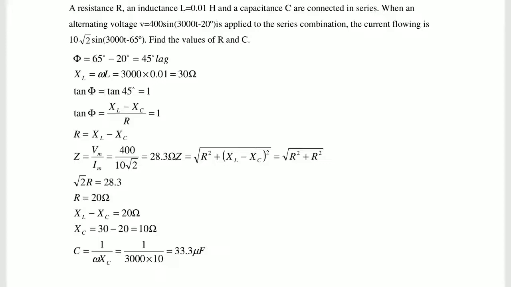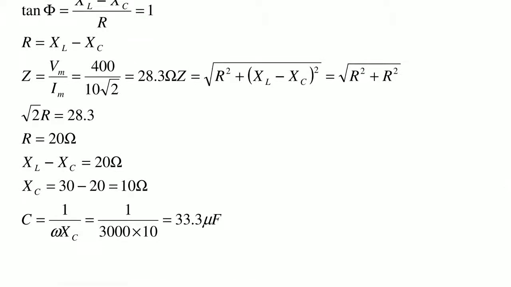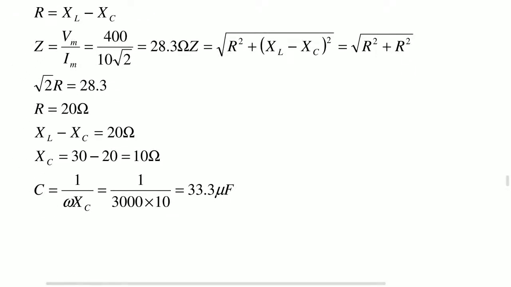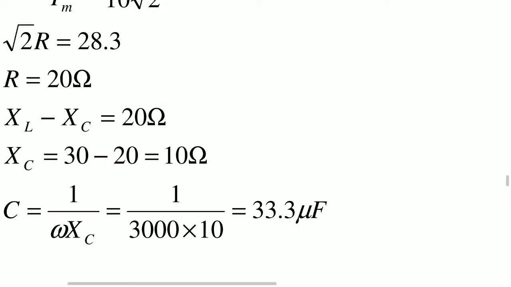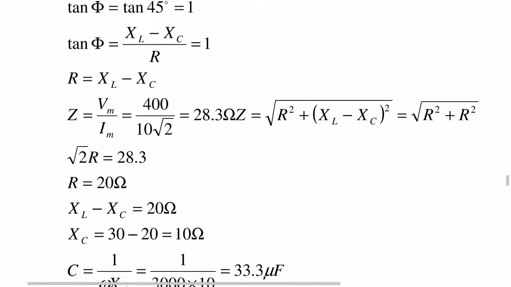From the derived problem, XL is 30 ohms and XC is 10 ohms.